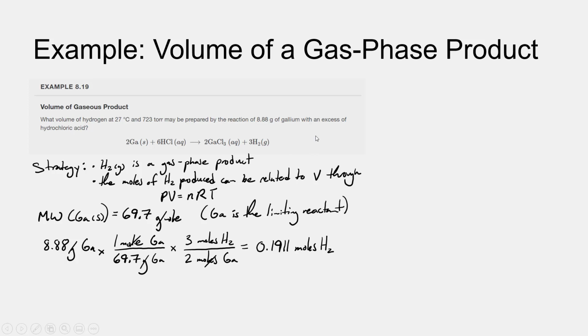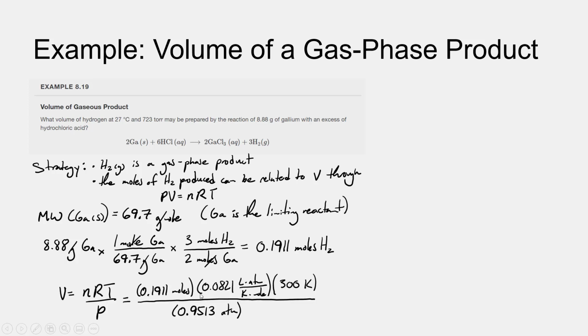We'll rearrange it to solve for volume, which will be nRT divided by P. In setting up our calculation, the only other thing we have to make sure of is that we are in the correct units, which right now we are not, because our temperature is in degrees Celsius and our pressure is in torr, which we've discussed is roughly equivalent to millimeters of mercury. So to get our ideal gas calculation to work, we need to convert temperature to Kelvin and pressure in torr to atmospheres.